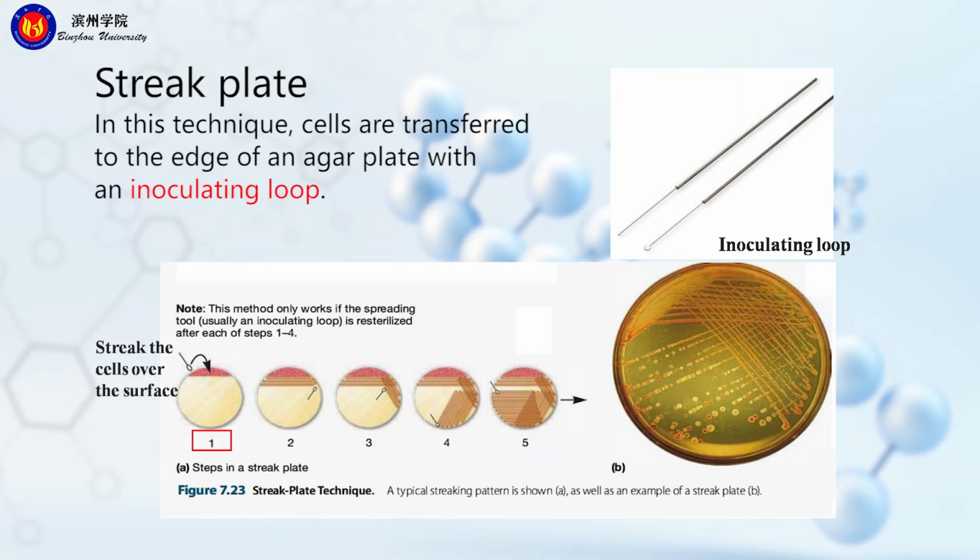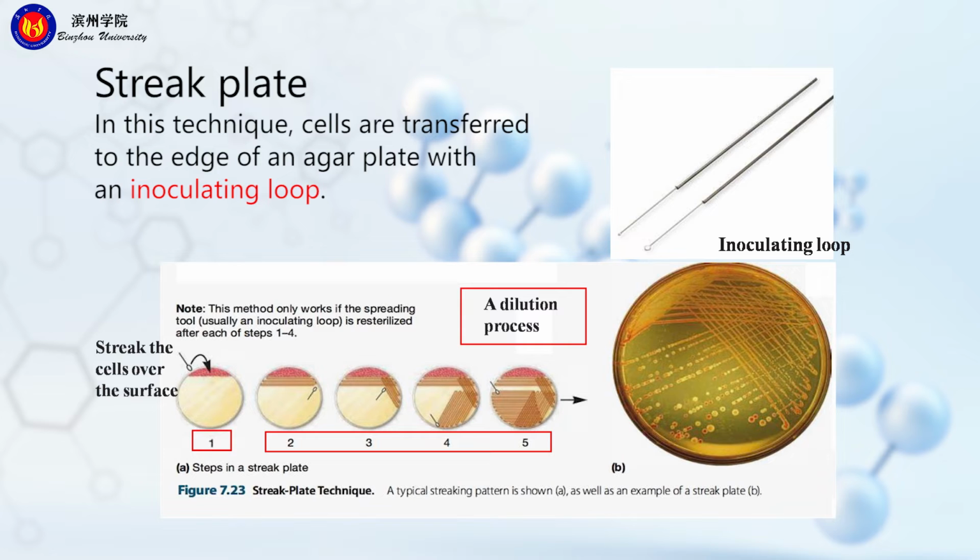After the first sector is streaked, the inoculating loop is sterilized and an inoculum for the second sector is obtained from the first sector. A similar process is followed for streaking the third sector, except that the inoculum is from the second sector. Thus, this is essentially a dilution process.